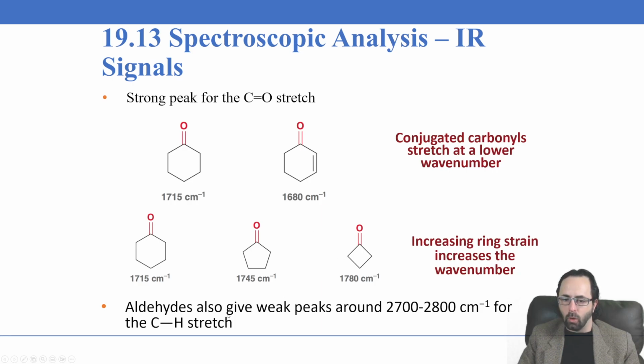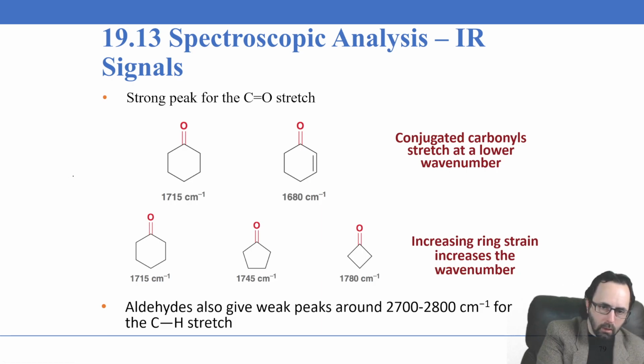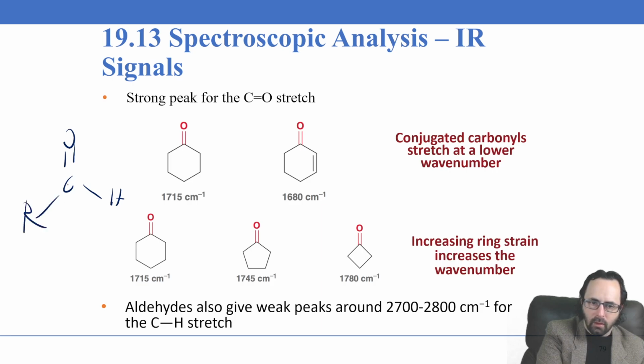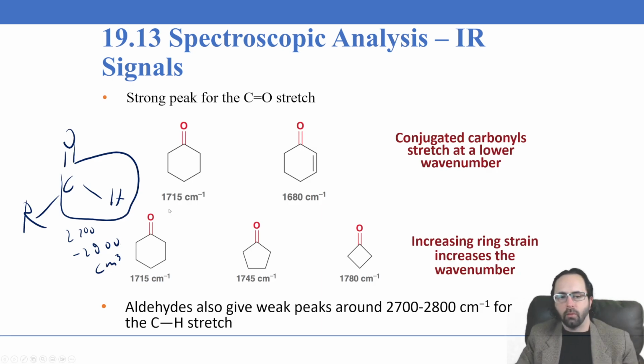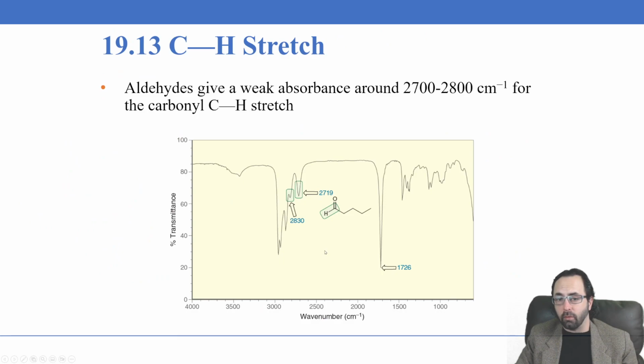And in addition, watch out for the aldehyde CH stretch. So these are all carbonyl ketones, but if you have an aldehyde, this CH stretch occurs somewhere around 2700 to 2800 wave numbers. And so that's a really good giveaway for an aldehyde, particularly if it's confirmed in an NMR.